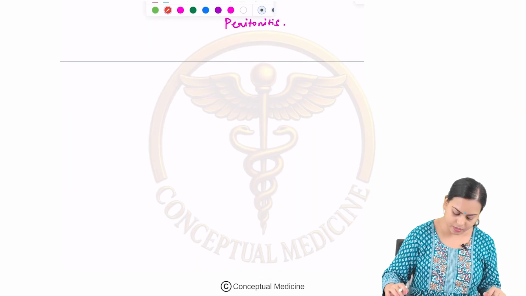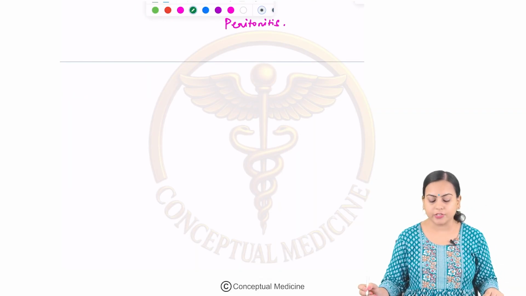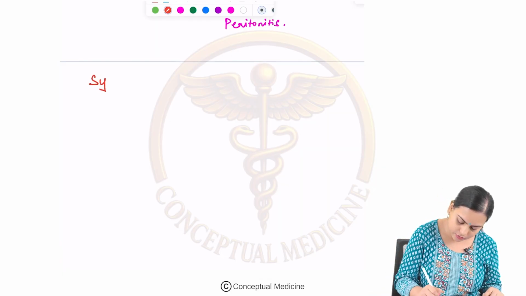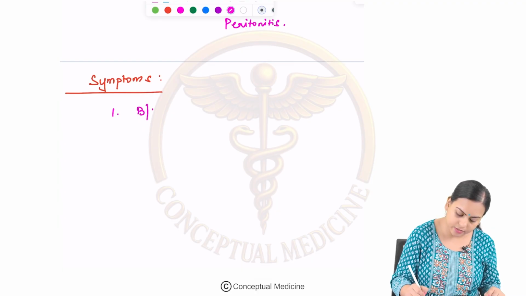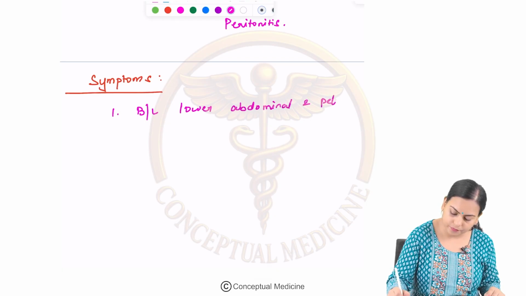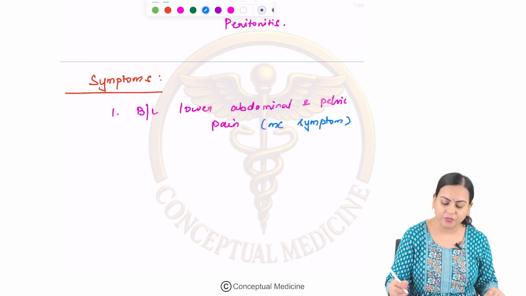Okay. Now, let me talk about the clinical features, symptoms and signs. Okay. So, the symptoms in pelvic inflammatory disease include bilateral lower abdominal and pelvic pain. So, this is the most common symptom you will have. Okay.